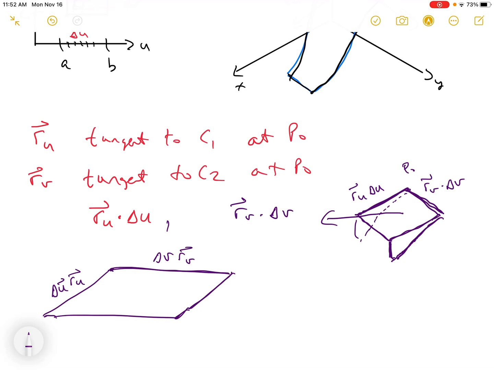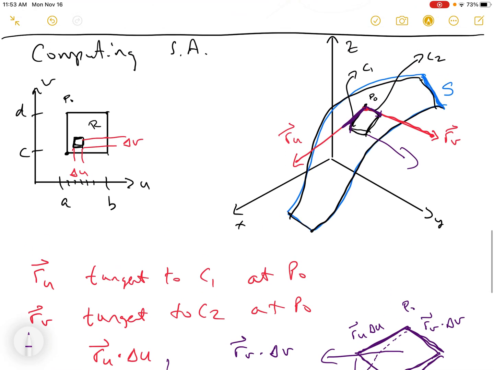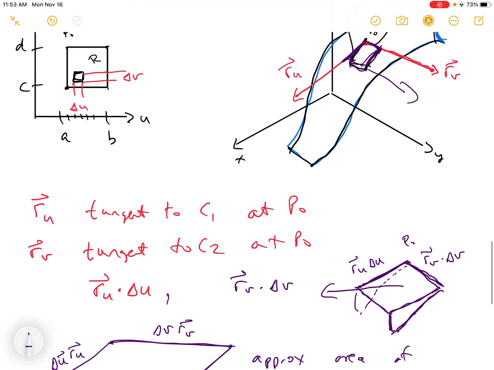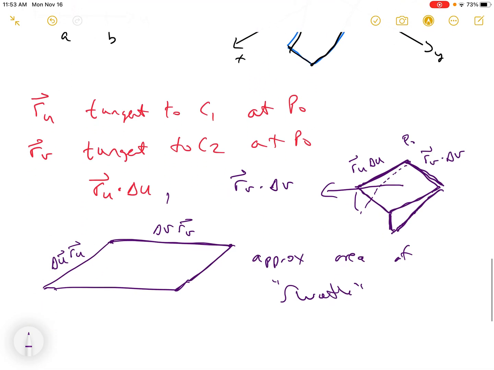And this parallelogram is approximately the area of the swath, right? When I say the swath, I mean this little piece of curve here, and the parallelogram lies over it, but they're so close that for all intents and purposes, their surface areas are equal.